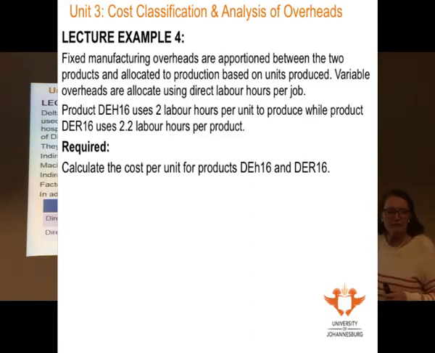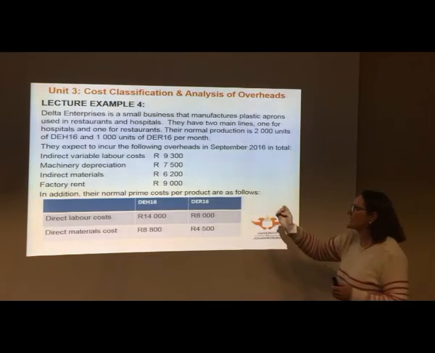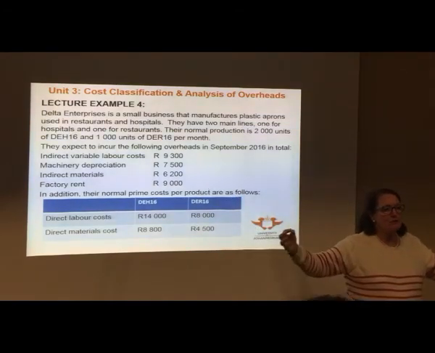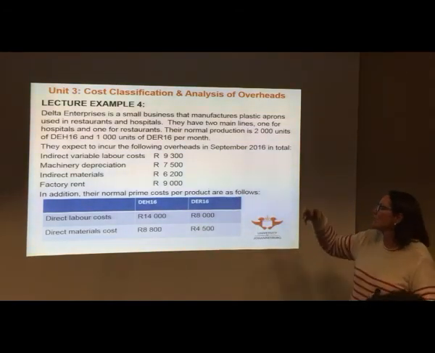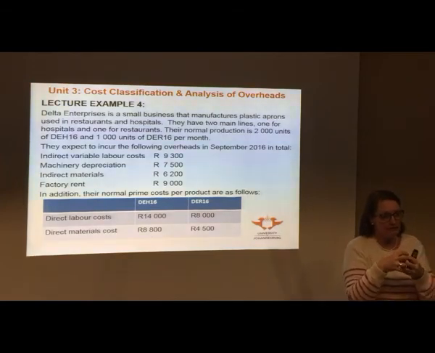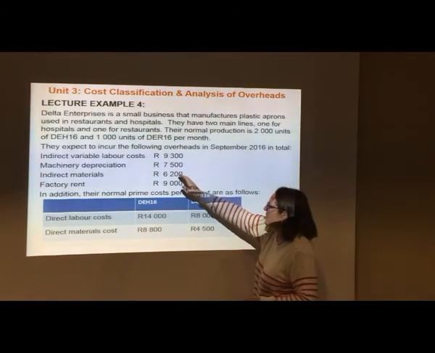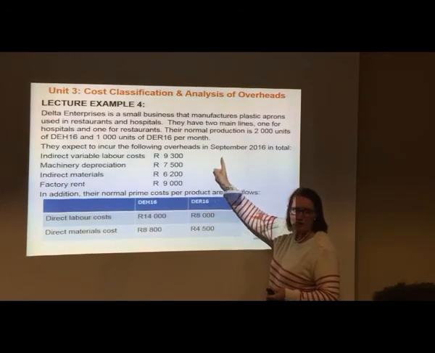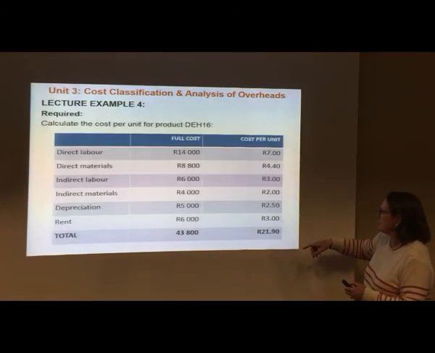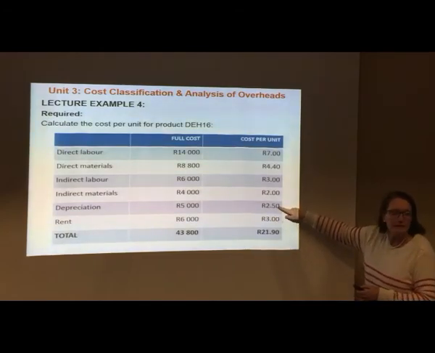The total for both products is 7,500. The total number of units you have produced for September is 3,000 units. Do you agree? 2,000 of DEH and 1,000 of DER is 3,000 in total. If you take 7,500 divided by 3,000 units, you get 2 Rand 50. There's your 2 Rand 50.